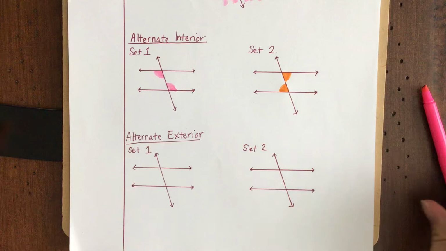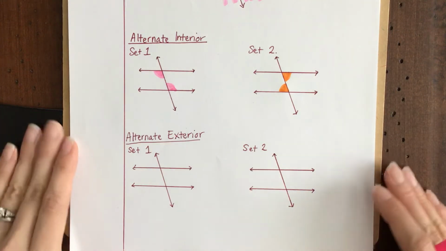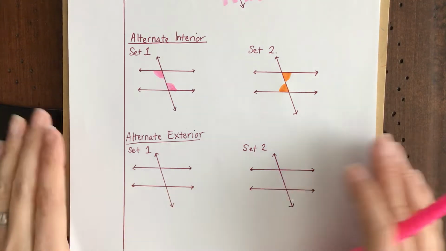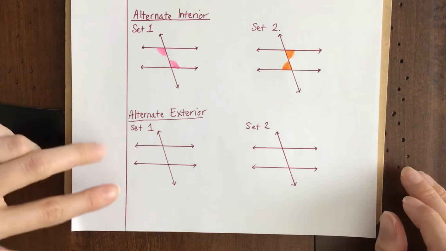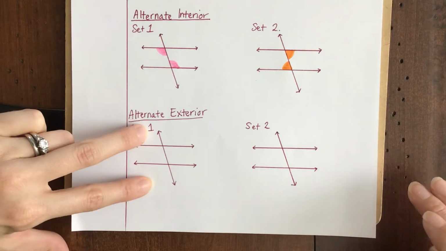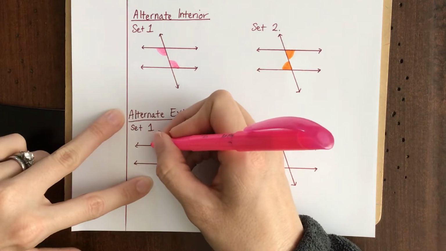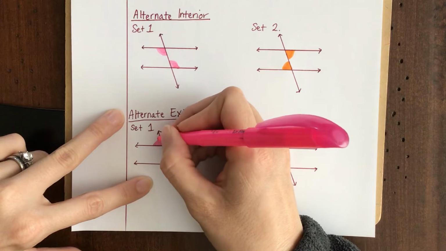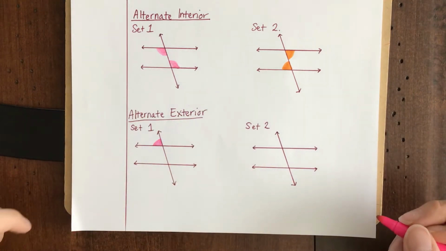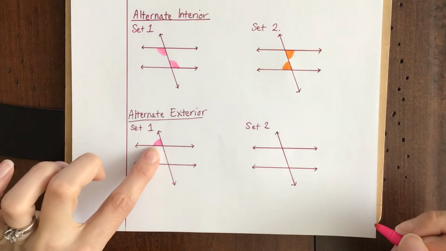Now let's take a look at what the alternate exterior angles look like. Exterior means on the outside of. So if we start by looking at this angle on the outside of your parallel lines, we want to find the angle that would be considered the alternate exterior angle of this one.